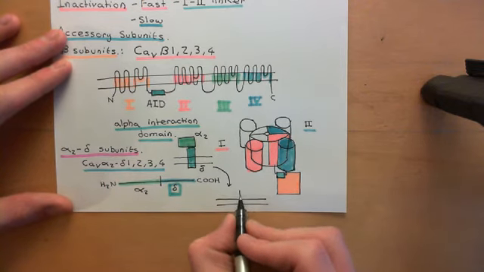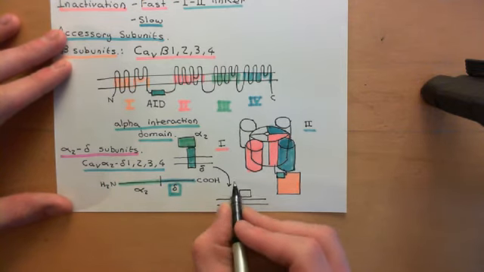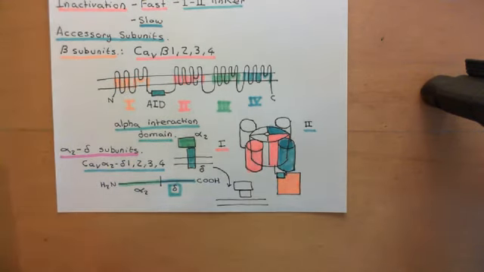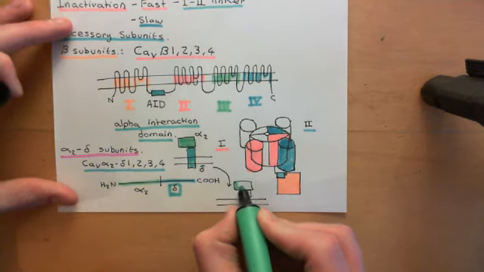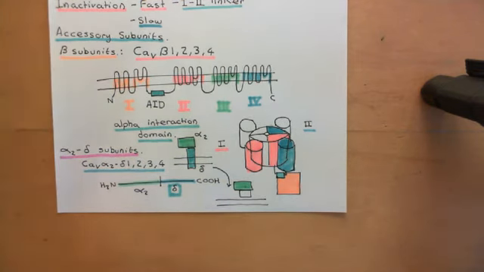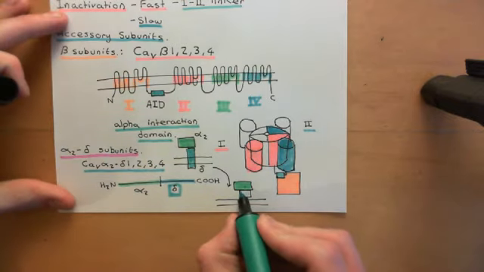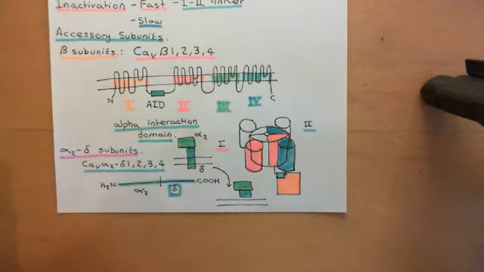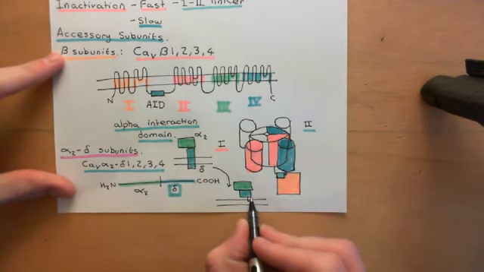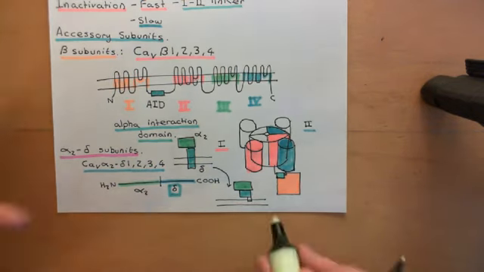Instead it looks more like this. You have the delta here with the alpha-2 sat on top of it. So how does it then get attached to the cell membrane? Well, instead, the delta subunit gets a lipid anchor attached to it. What happens is you attach onto the delta subunit a molecule called GPI, which I'll show here.